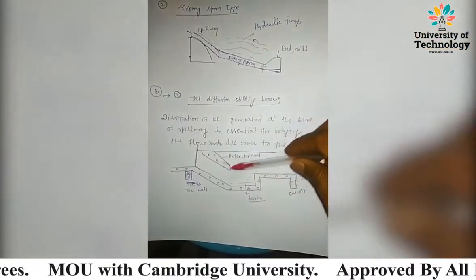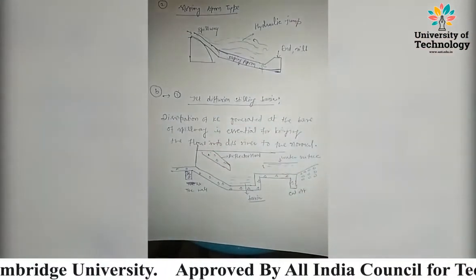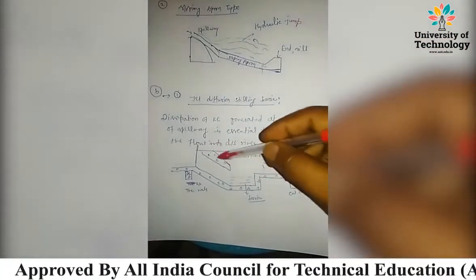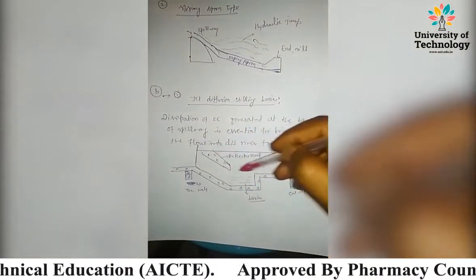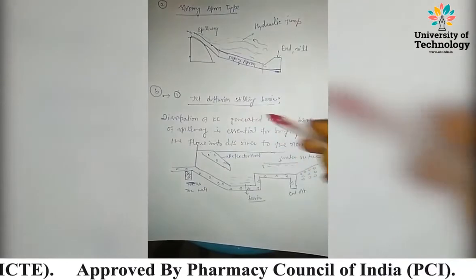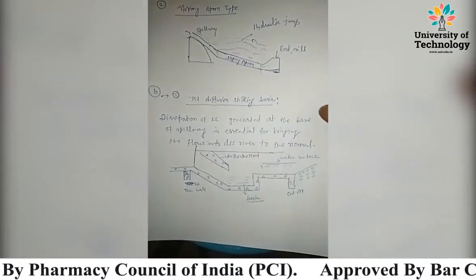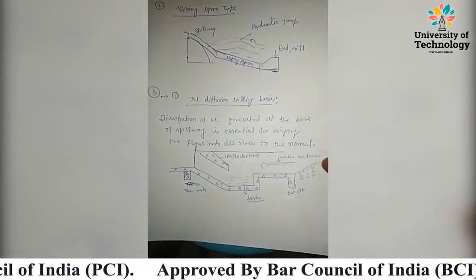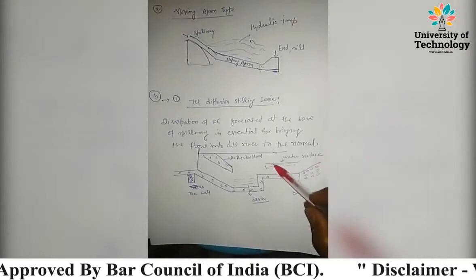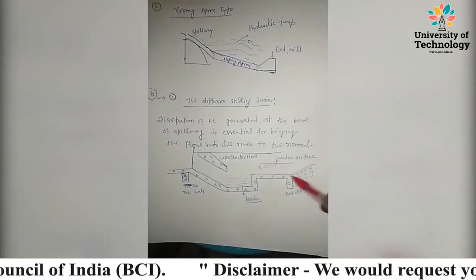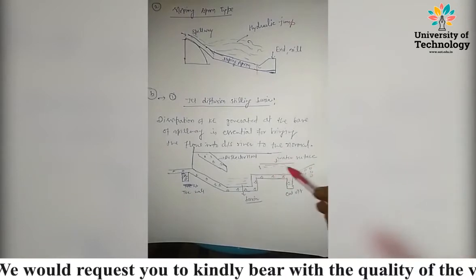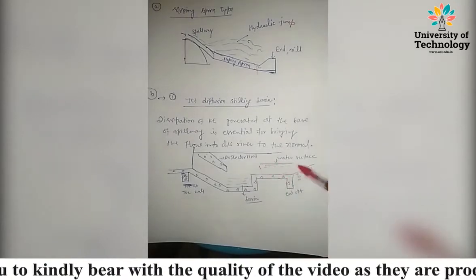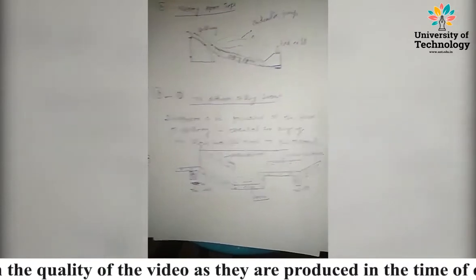So this is the energy dissipator structure. Energy gets diffused in this portion due to this structure, so this is known as a jet diffusion stilling basin. This is the top water level, meaning in the tail portion the maximum water level will be at that level surface.